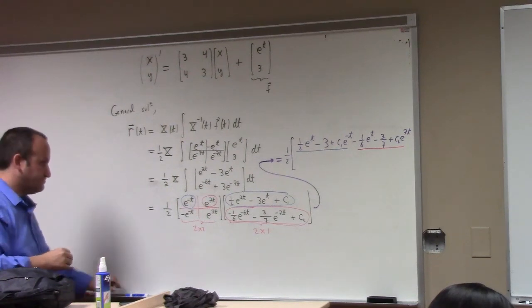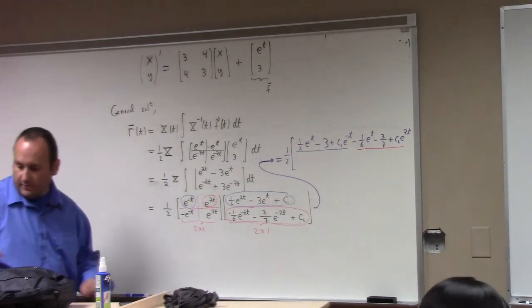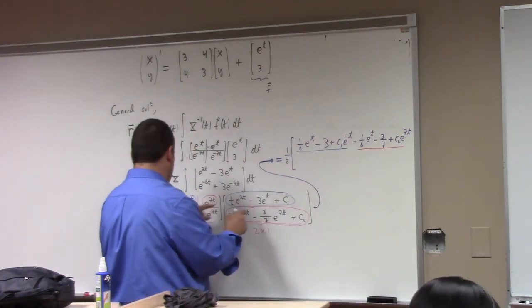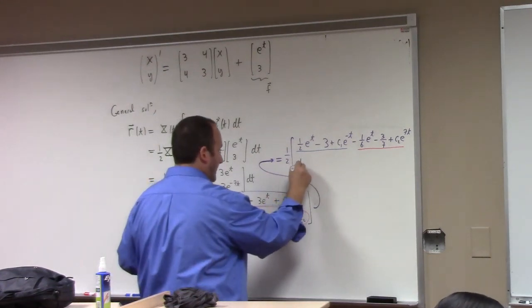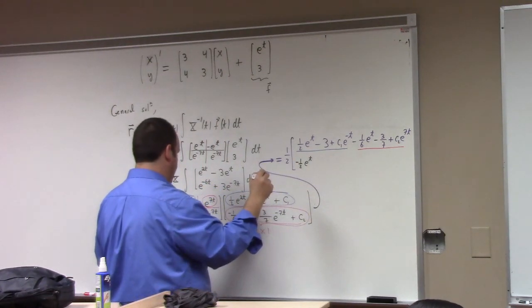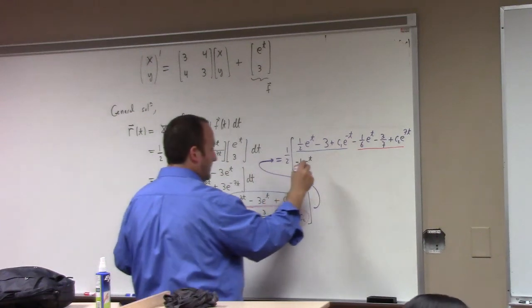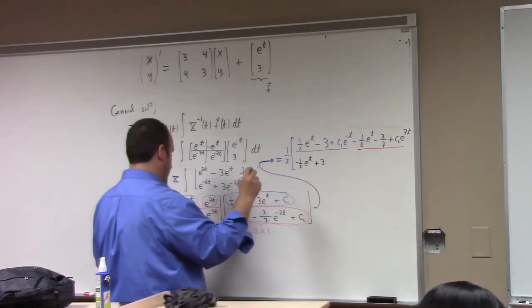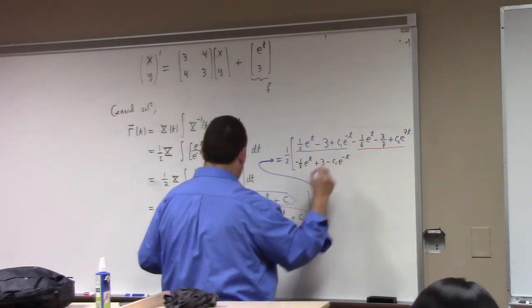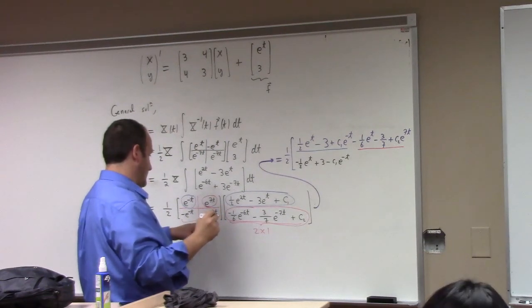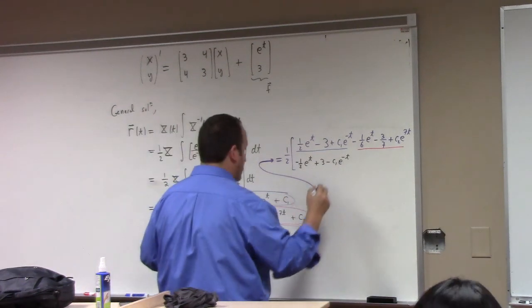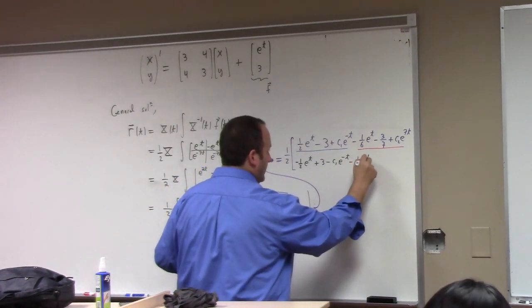The next component, we have, let's see here, minus 1/2 e to the t plus 3, plus, minus c1 e to the minus t, and then minus 1/6 e to the t.